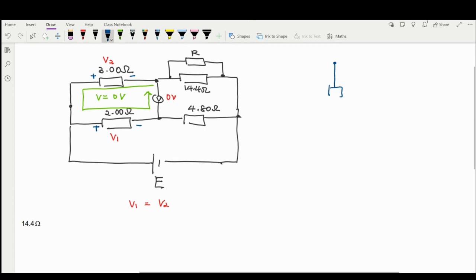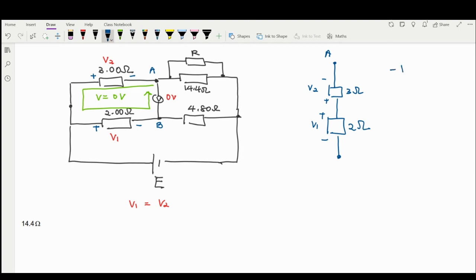So your 3 ohm resistor here, and your 2 ohm resistor here. We take this point as A and this point as B. If you read from A, you have negative, positive, and positive, negative. So this is your V2 and this is your V1.